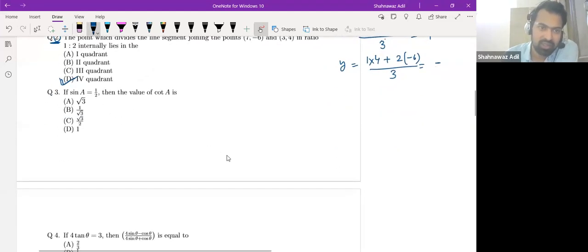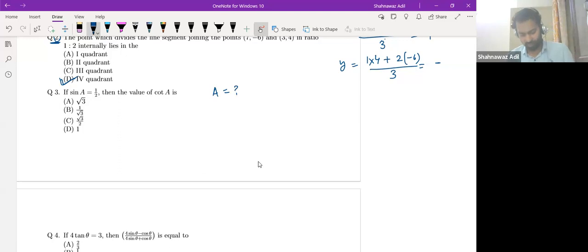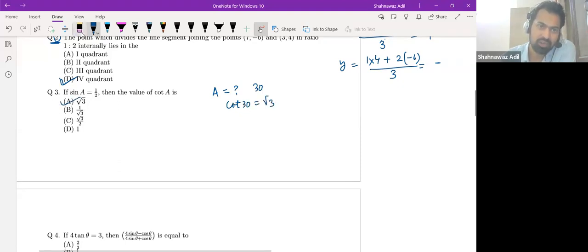So now this one, the third one. Sine A is half, right? And we need the value of cot A. We can solve this question in many ways. Sine A is half, then A would be how much? What would be the angle, guys? 30 degrees. 30 degrees, right? So we have to find cot 30, which would be root 3. So this is the answer, right? Or you can also solve this question like this.